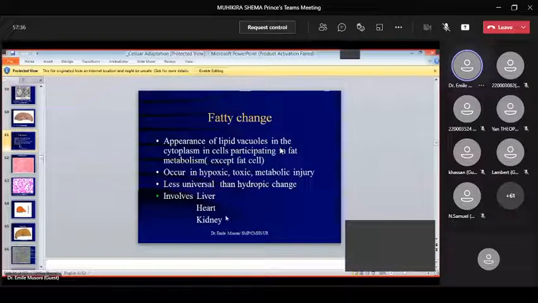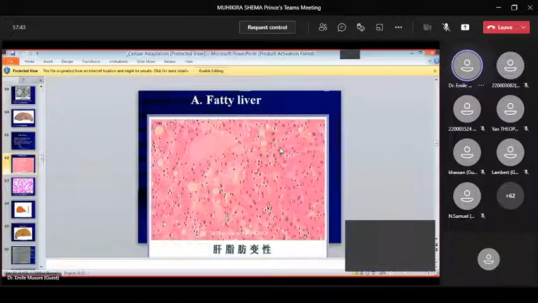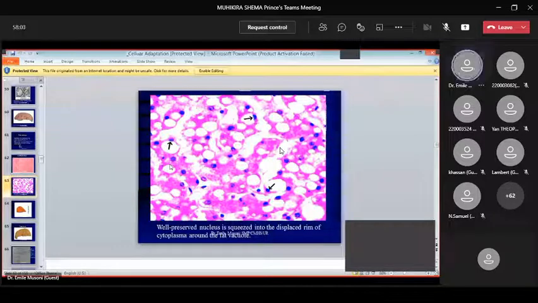For those heavy drinkers of alcohol, they have these changes. For example, this one is the normal hepatocyte, and this one is vacuolated, with lipid. This is fatty change, and this fatty change is reversible. You see this one in the kidney.